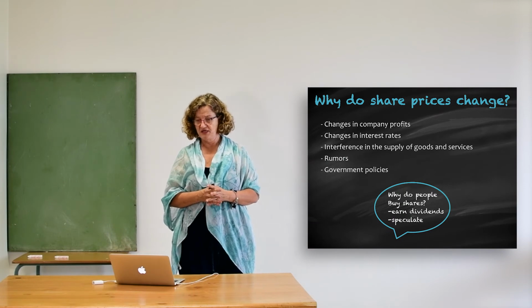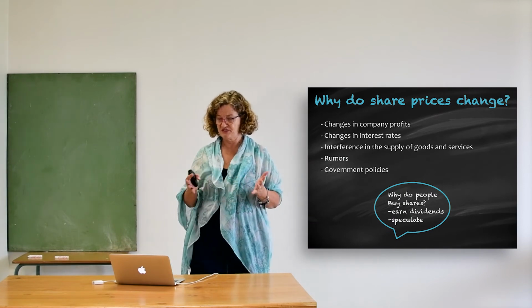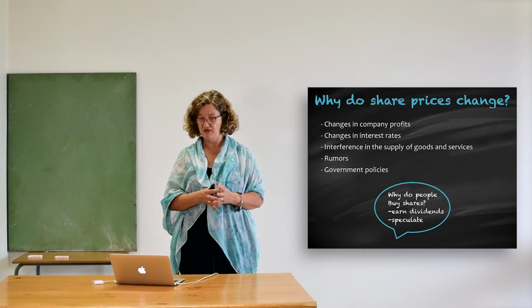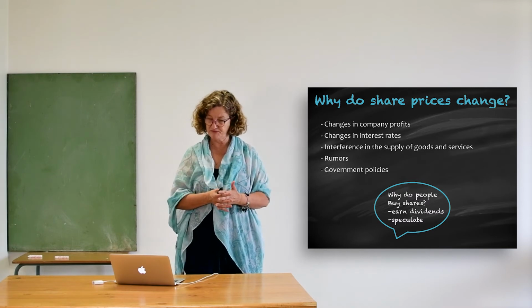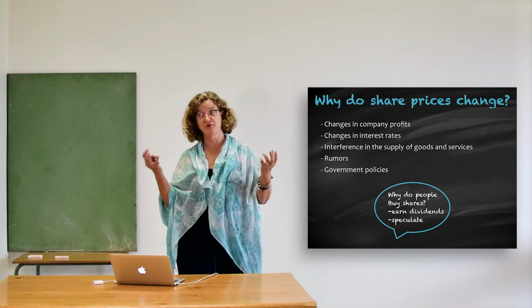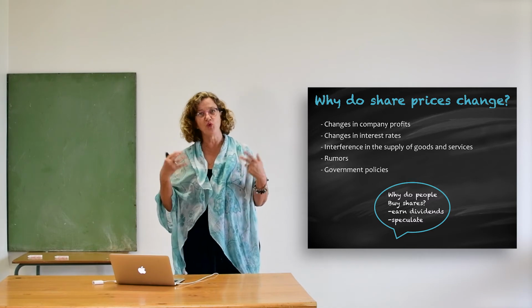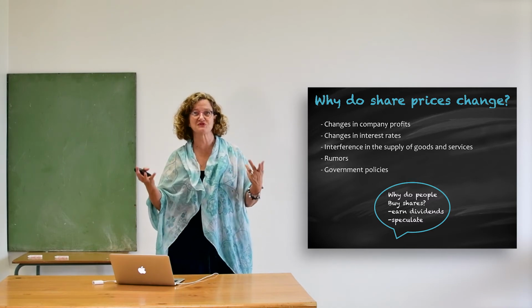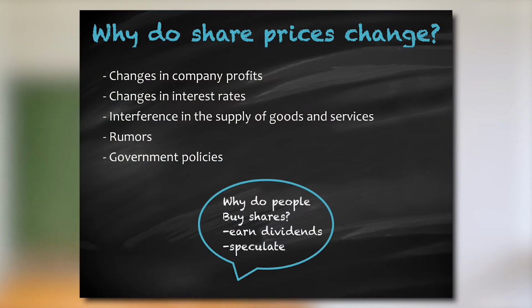Why do share prices change? Firstly, if a company's profits increase, then more people want their shares because they will earn more dividends. If interest rates drop, I will say, let me rather buy shares. And then you demand shares, and the price of a share is also influenced by demand and supply.